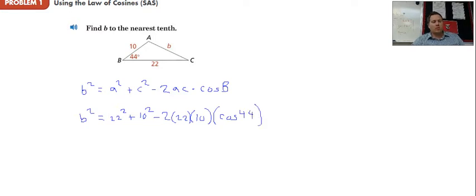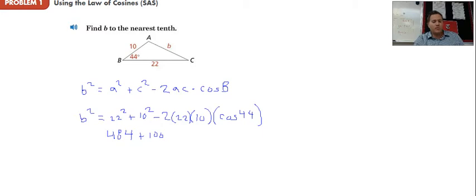Okay, so let's multiply this out. 22 times 22 is 484, and 10 squared is 100.